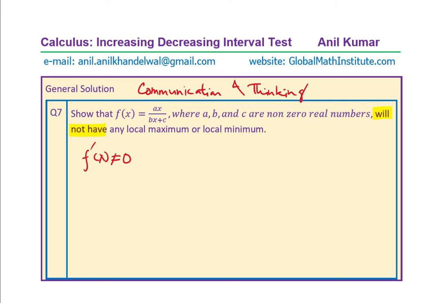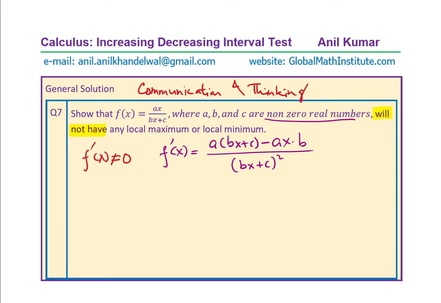Question number 7. Show that this function, where a, b, c are non-zero real numbers, will not have any local maximum or minimum. Find the derivative, right? So as we discussed earlier, it should not be 0, right? So denominator bx plus c whole square, derivative of ax is a times bx plus c minus ax times derivative of denominator, which is b, right?